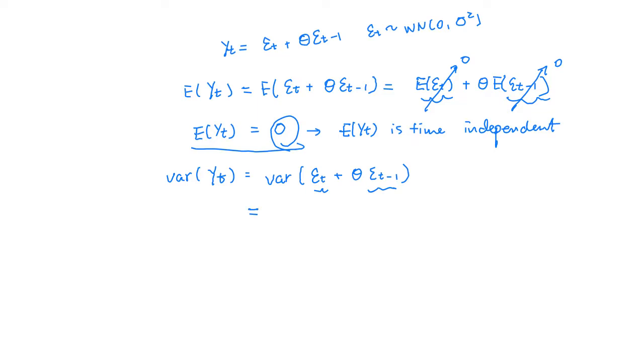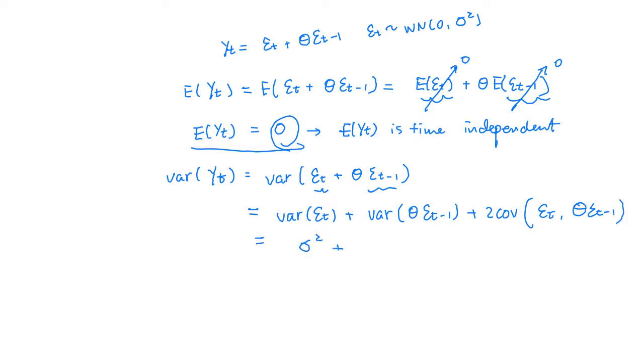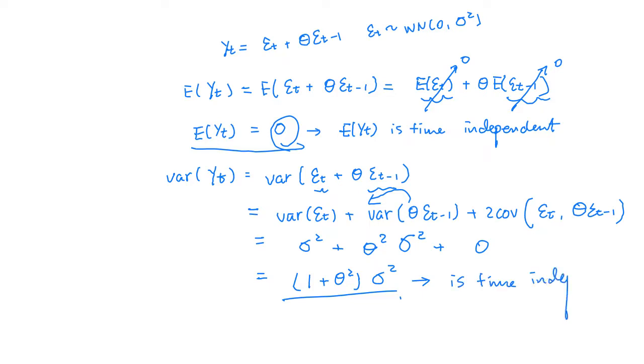So using this rule, variance of this plus variance of this plus 2 covariance of this and this. What will we get? This is sigma squared, and remember theta is squared here, plus 0. So this becomes 1 plus theta squared times sigma squared. Is this time independent? The answer is yes. So the first two central moments we have already figured out.